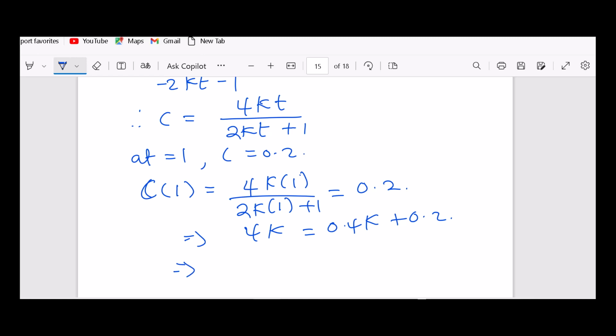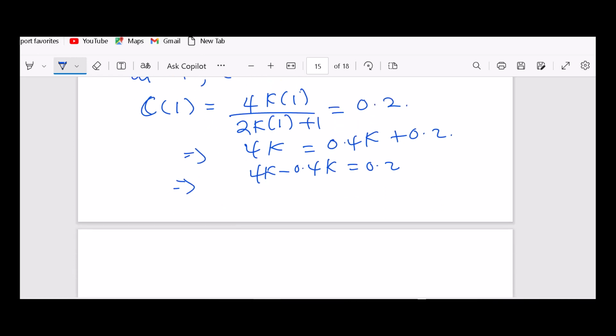So this will imply that we have 4K minus 0.4K equals 0.2, and then we have 3.6K equals 0.2, and then this implies we have K equal to 0.2 over 3.6.